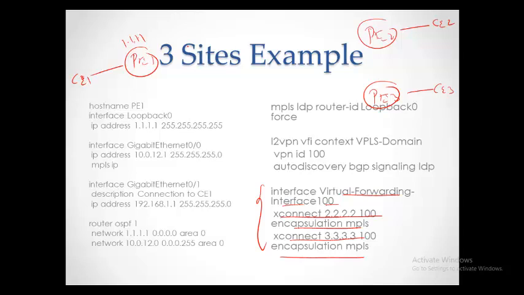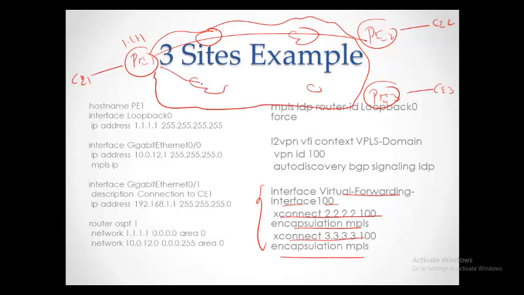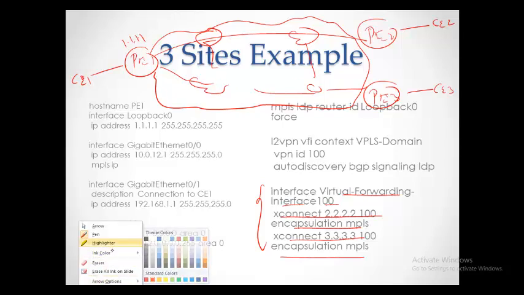We are able to form a multi-point tunnel. Now we have a tunnel like this. Multi-point tunnel is created. Yeah. So it's very easy.